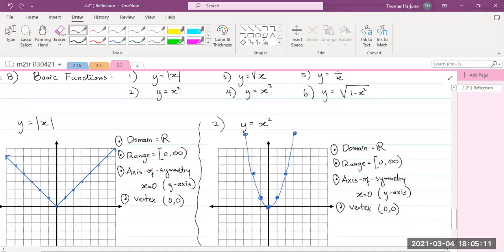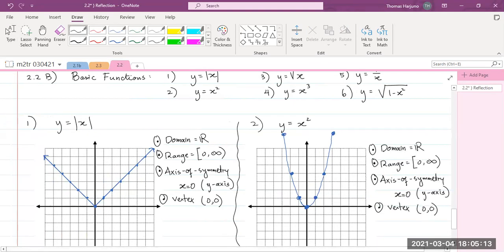It has the same, the domain is all real numbers, the range is 0 to infinity, axis of symmetry x equals 0, and the vertex is 0, 0. Now, you're supposed to already know these two graphs by heart.